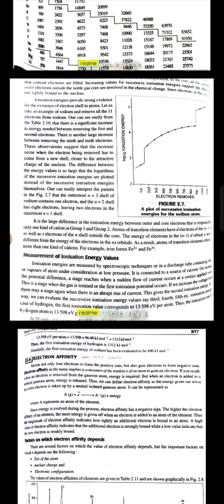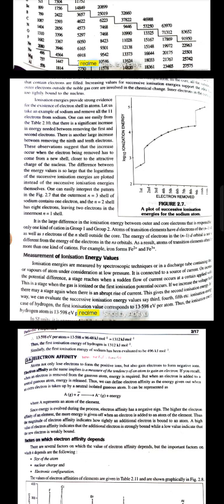This is the stage when the gas is ionized. If we increase the voltage further, there may be a stage again when there is an abrupt rise of current. This gives the second ionization energy. In this way, we can evaluate the successive ionization values of third, fourth, and fifth ionization energies.